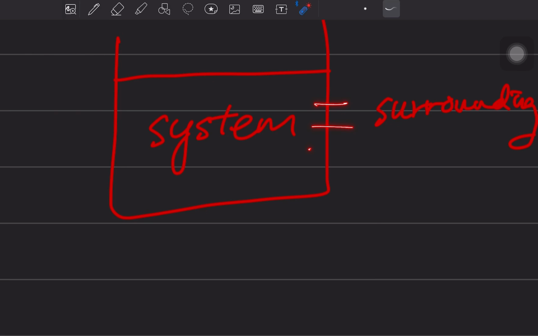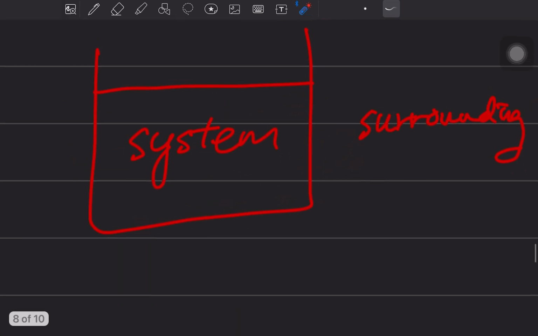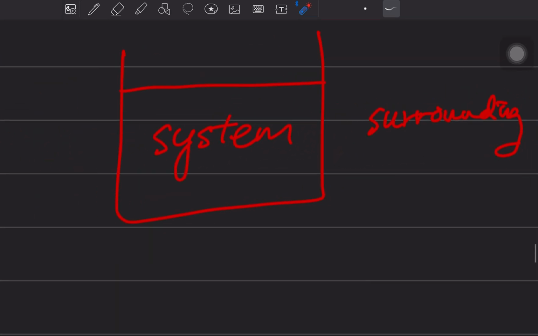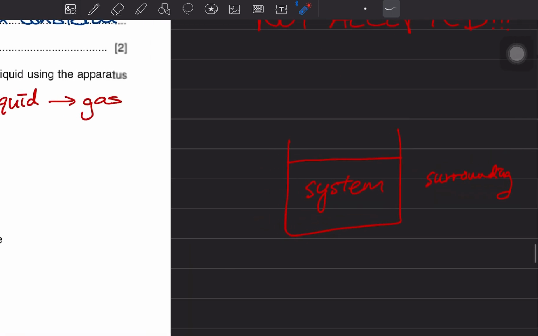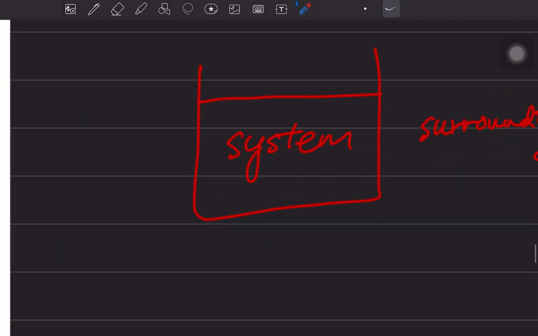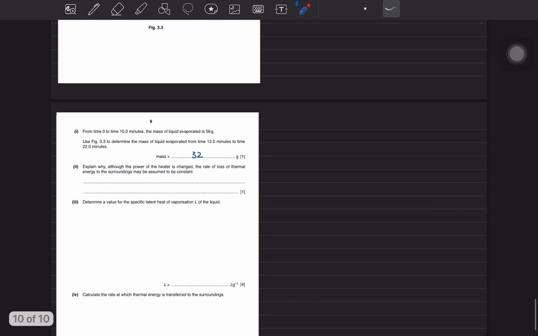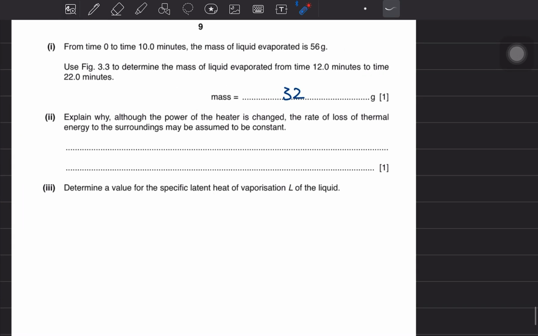And the heat will be dissipating outwards because the surrounding is obviously a bit cooler than the 100 degrees water. So this is the loss of heat we're talking about, loss of thermal energy.